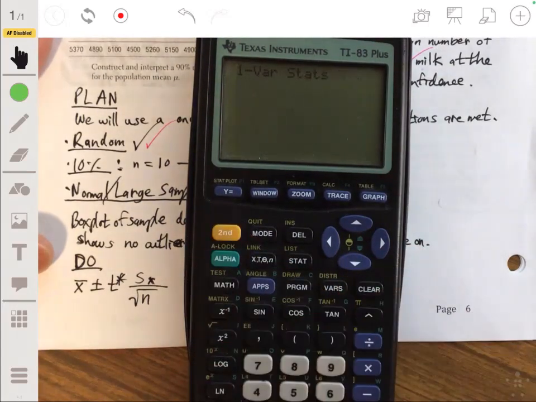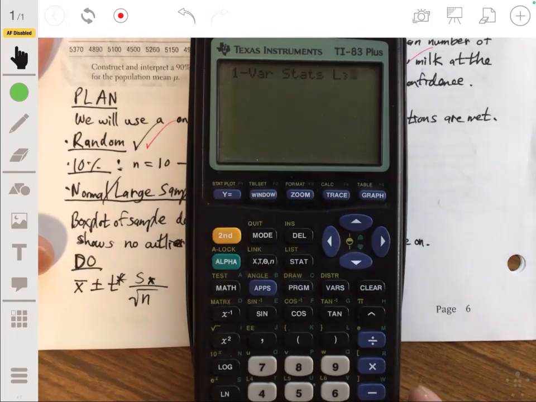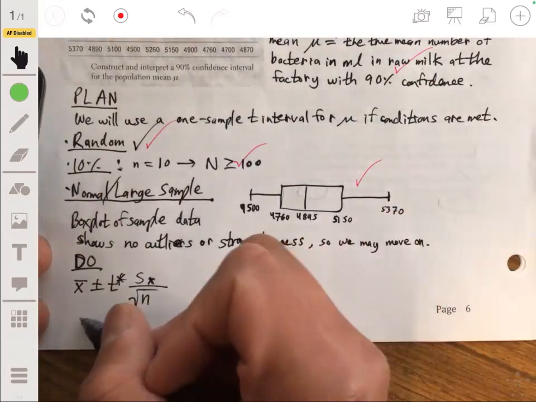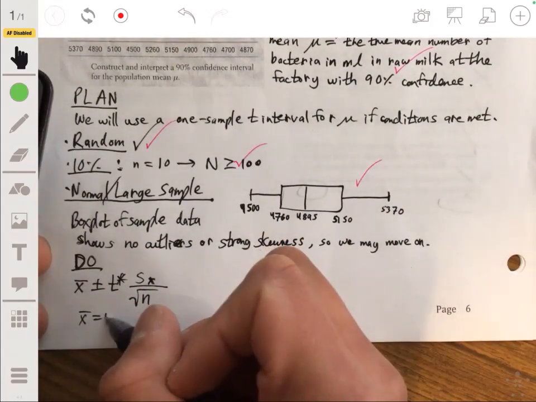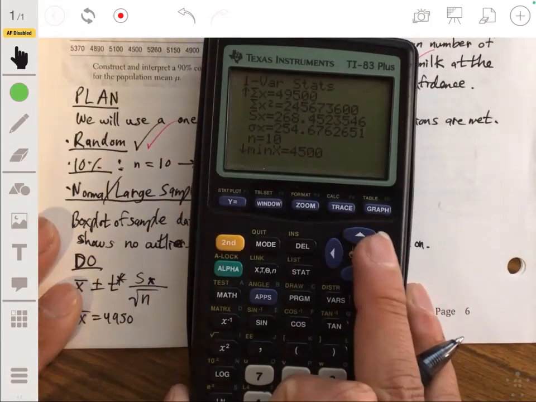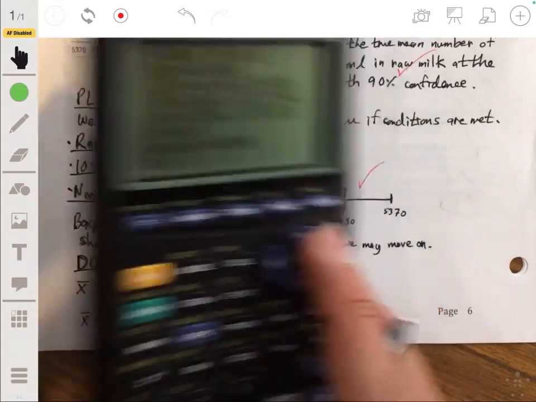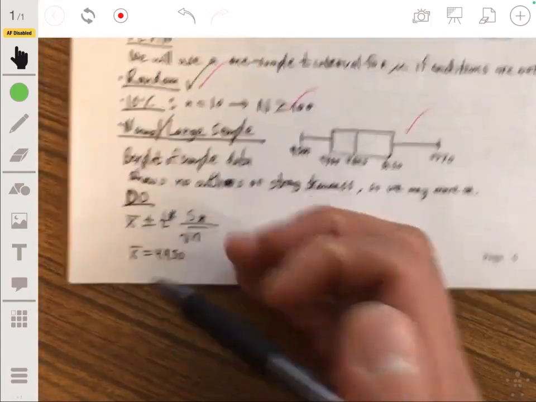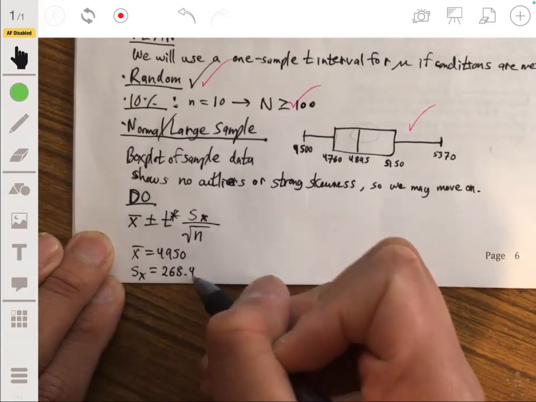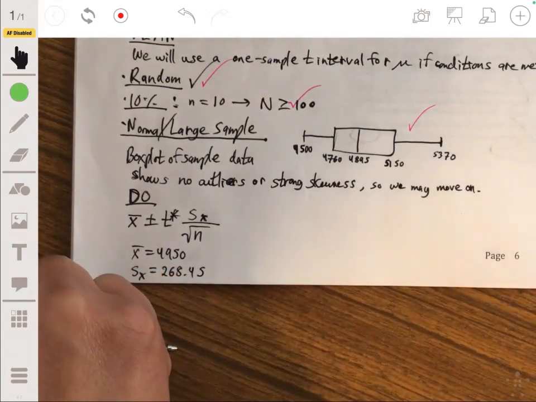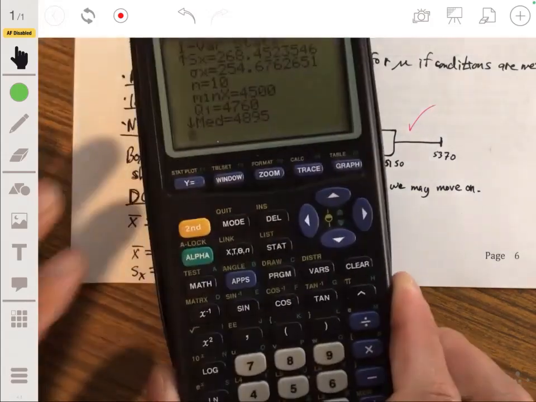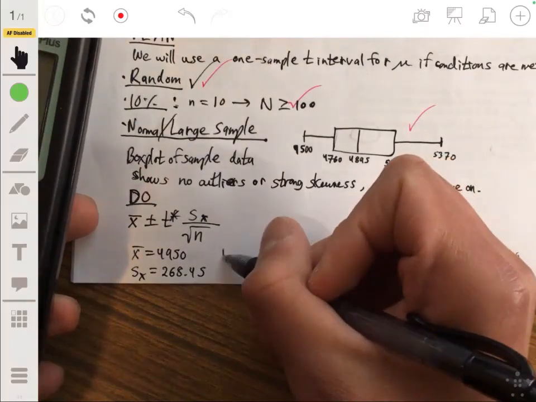It's in list 3 for me, so I'm going to enter list 3. My mean is 4950. My sample standard deviation is 268.45. My sample size is 10.